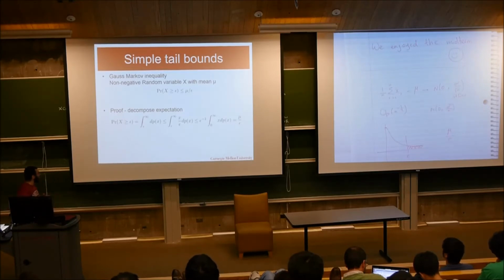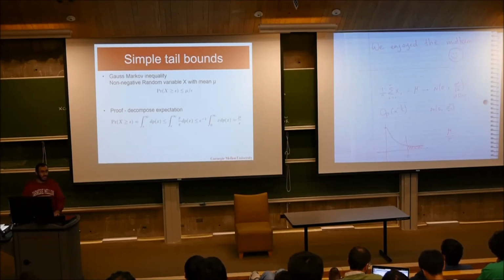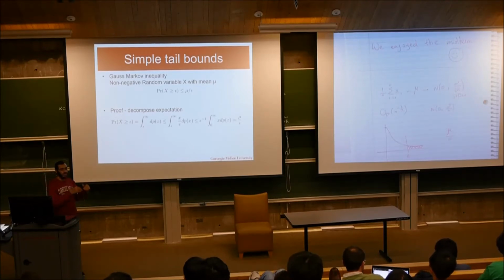The proof is quite easy. The probability that x is greater than or equal to epsilon is you just integrate over the probability measure, and again, that means integration for continuous variables and summation for discrete variables, starting from epsilon to infinity.